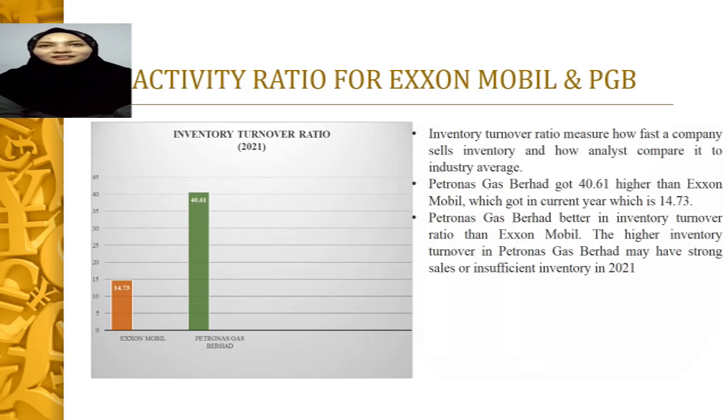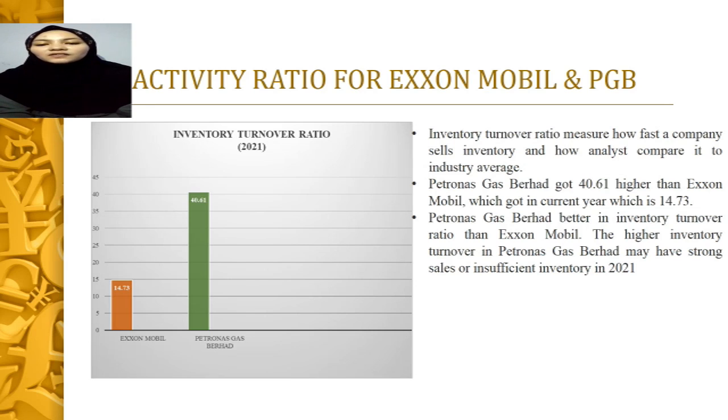Okay, second, I will explain the activity ratio for ExxonMobil and Petronas Gas Berhad. The inventory turnover ratio measures how fast a company sells inventory and how analysts compare it to the industry average. For this ratio, Petronas Gas Berhad got 40.61, higher than ExxonMobil, which got 14.73 in the current year.